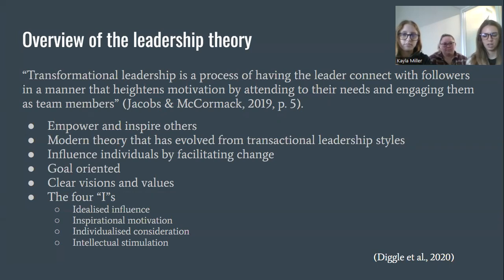And then in some of the articles we found, it discussed the 4 I's, which was important. So the first one is idolized influence, which is pride, respect, and trust is simulated through the development of a vision. And these I'm taking off of one of our articles that we have cited, which is the Diggle et al. The second I was inspirational motivation.